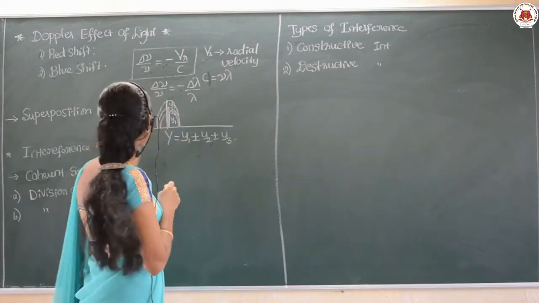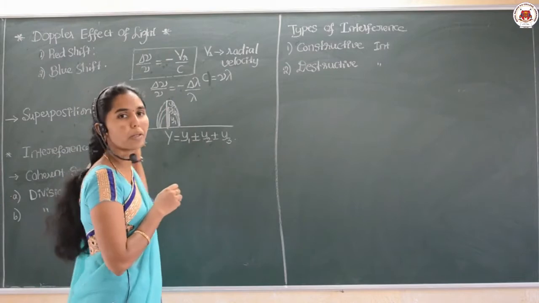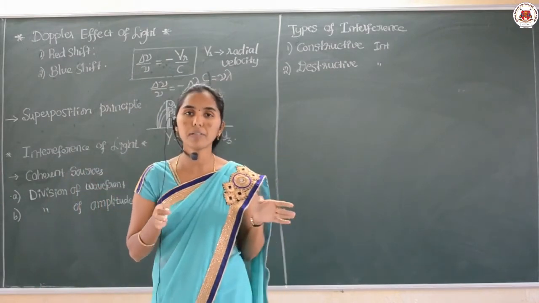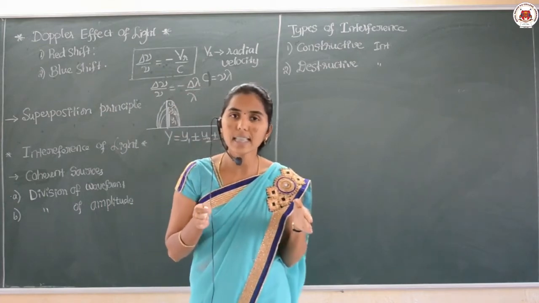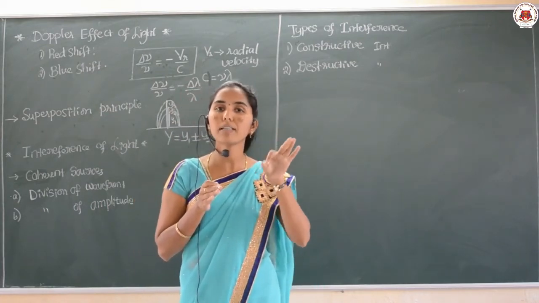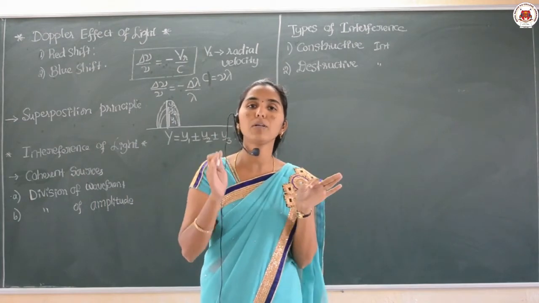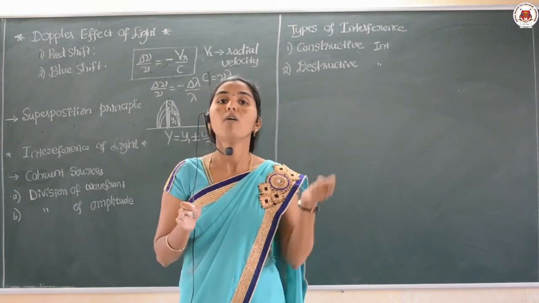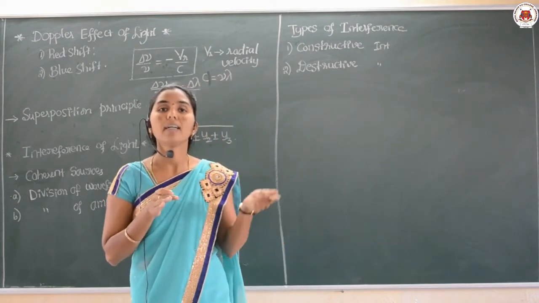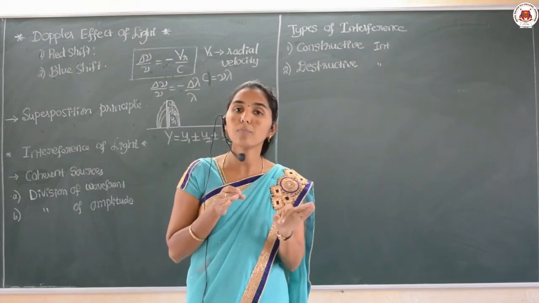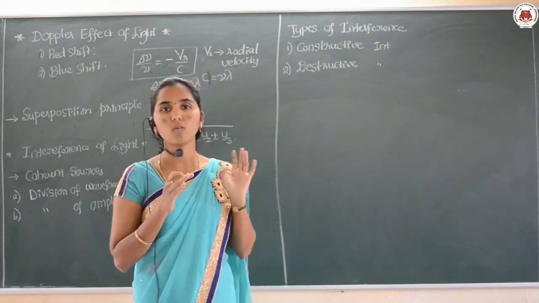So this we call the superposition principle. What is the statement of the superposition principle? It states that the total or resultant displacement of the wave at a given point is equal to the vector sum of the displacements of each wave at that point at a given instant only.